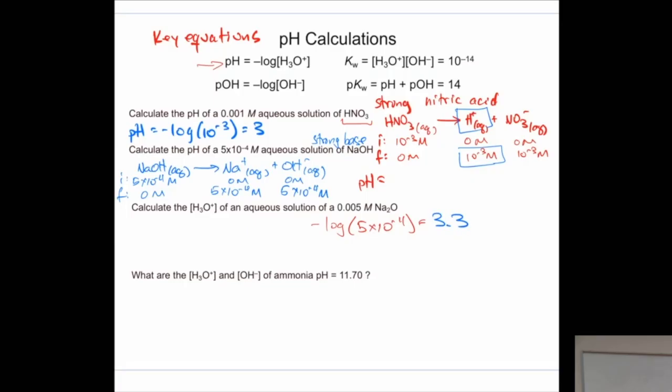The pH is not 3.3. Why isn't the pH 3.3? Because we calculated the pOH, right? Because this is a base. I didn't tell you what it was, I just said it's the negative log of that. That's the pOH, which means the pH is going to be equal to 14 minus 3.3, which equals 10.7.